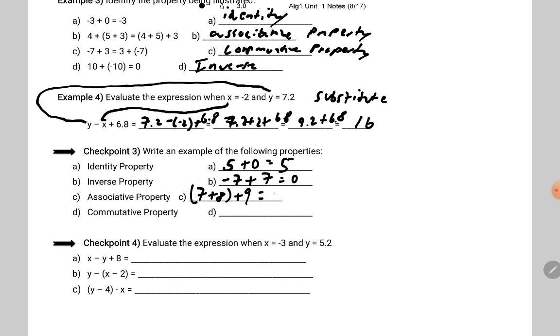That's the same thing as adding 8 and 9 first, then adding 7. Commutative property, 10 plus 11 is the same thing as 11 plus 10. So I just created my own examples there.